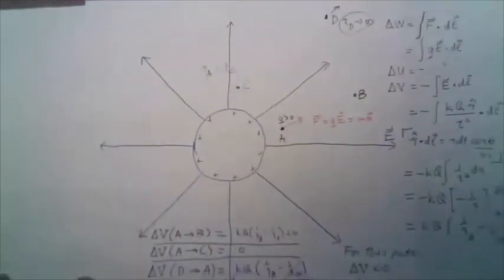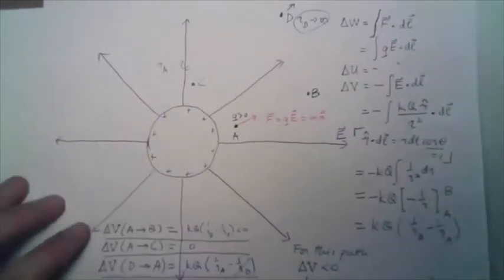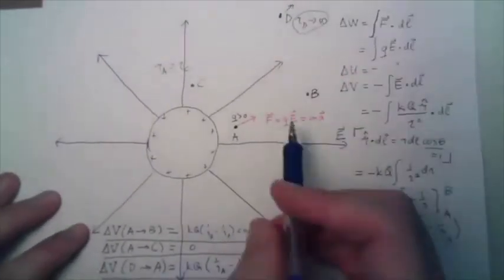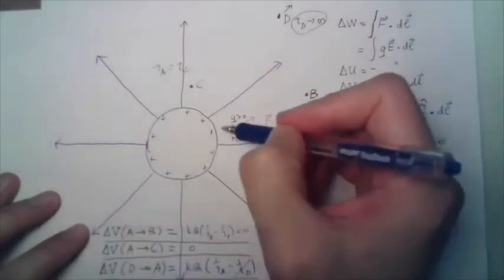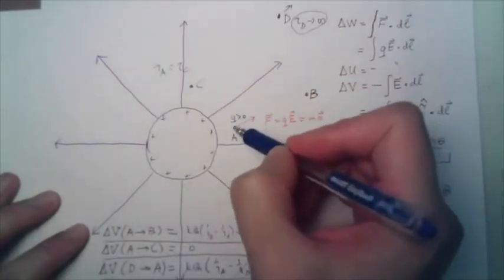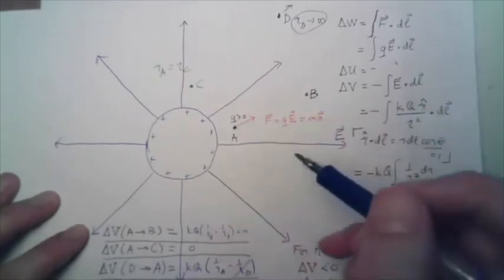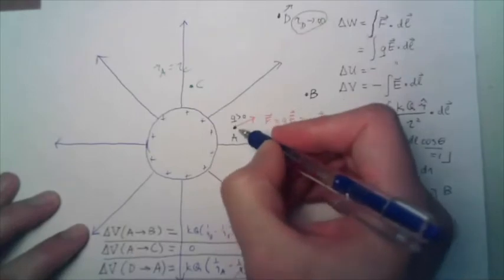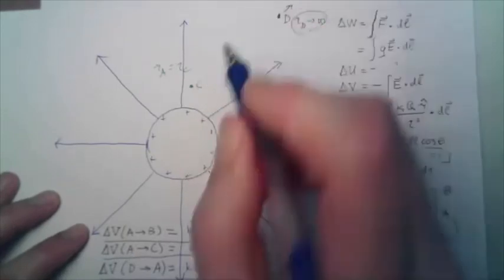Okay, so now the question is, can we make this a little bit simpler? And we can. We can take any kind of path, for instance, from point A to point B, and we can always deconstruct that in paths that are at the same R and paths that are moving radially out.